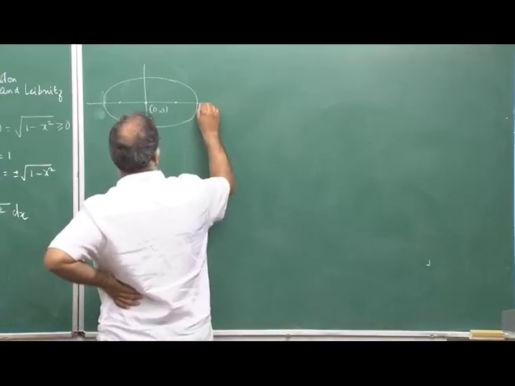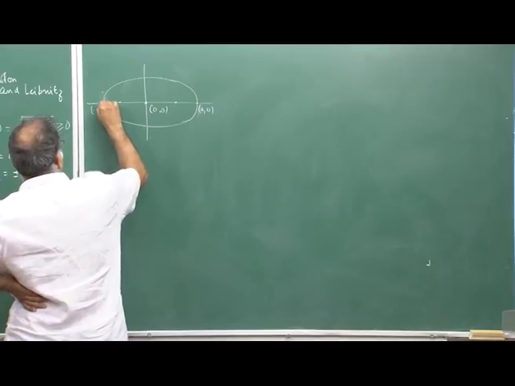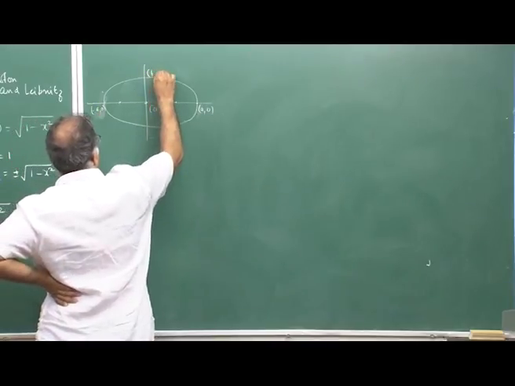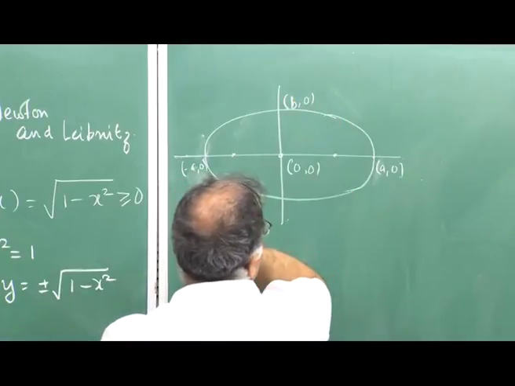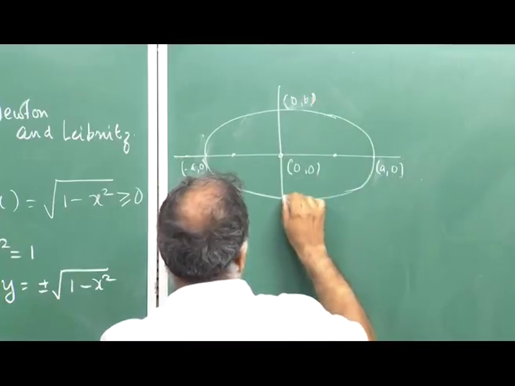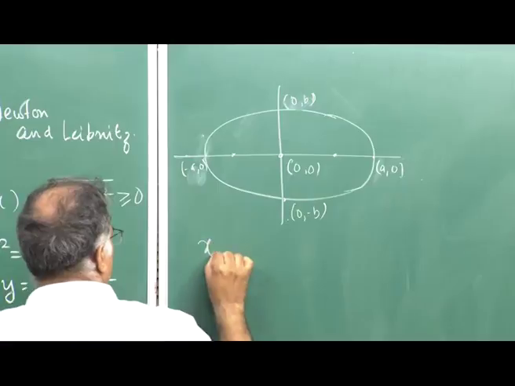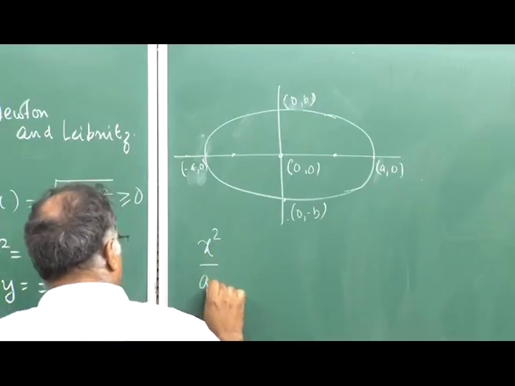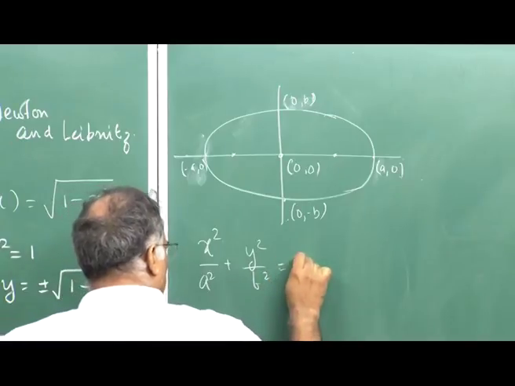So this is A0 and minus A0, and this is 0B and 0 minus B. So this is the major axis and the minor axis, and the equation is x square by a square plus y square by b square is equal to 1.